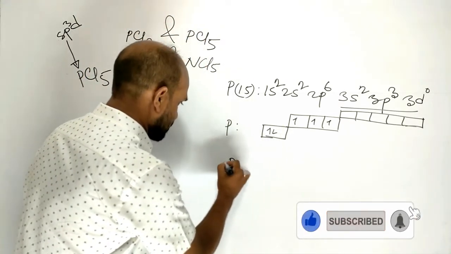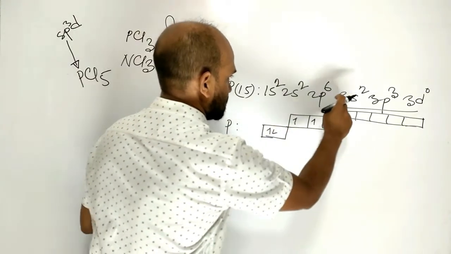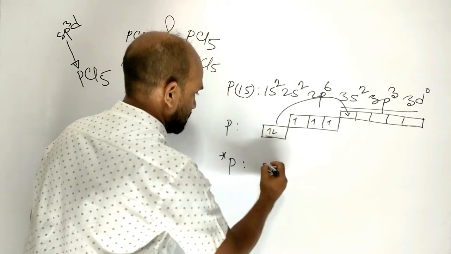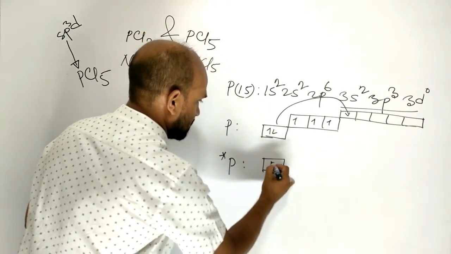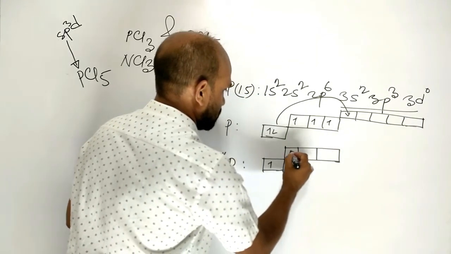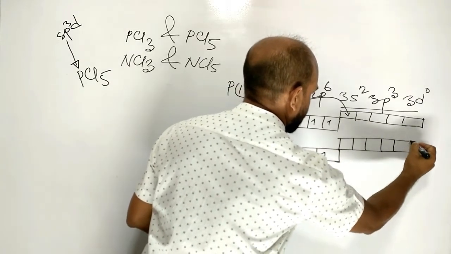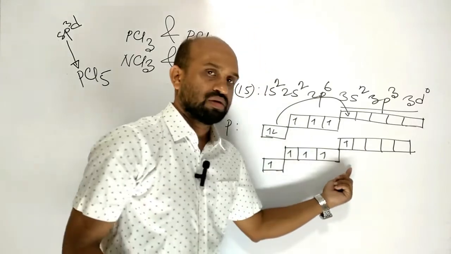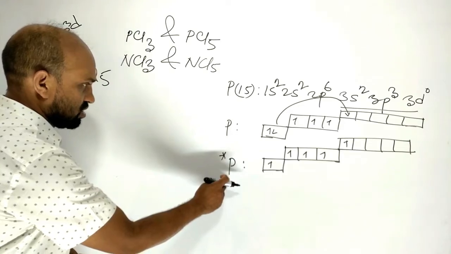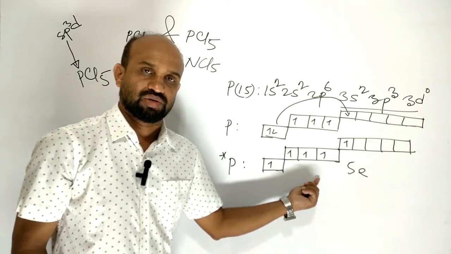When phosphorus gets excited, then one electron of 3s orbital will shift to the vacant d orbital, and then we get 3s with 1 electron, 3p orbitals with 1 electron each, and 3d orbital with 1 electron. That is, in the outermost shell of phosphorus now, total 5 unpaired electrons.